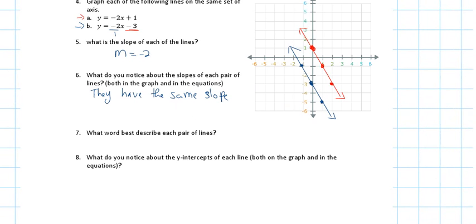We're going to say that they are parallel lines. I misspelled the word parallel.